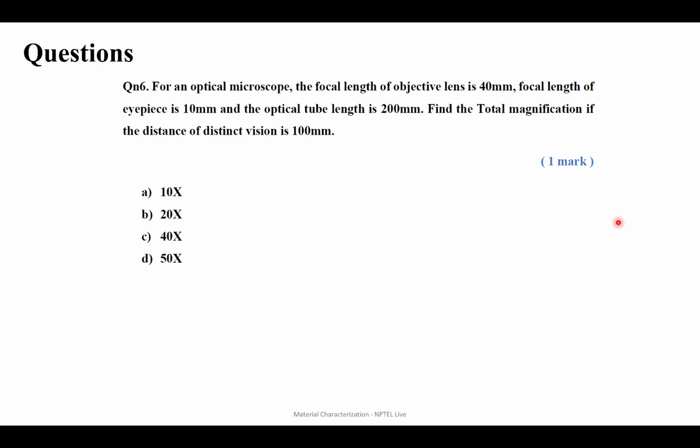For an optical microscope, the focal length of the objective lens is 40 mm, the focal length of the eyepiece is 10 mm, and the optical tube length is 200 mm.